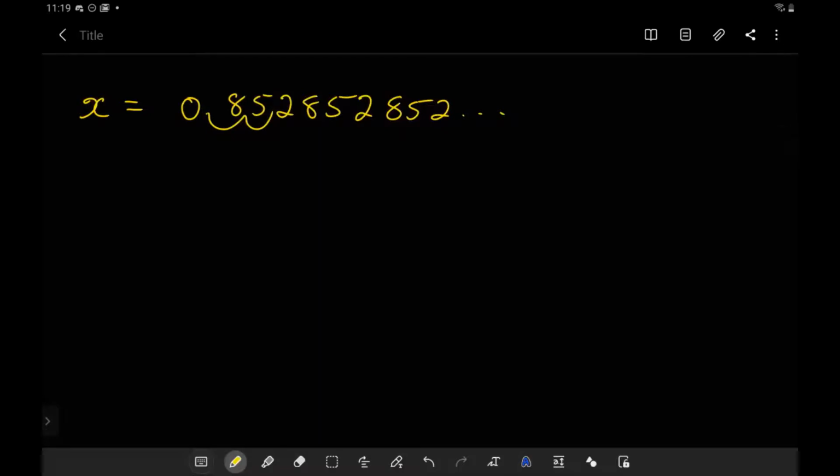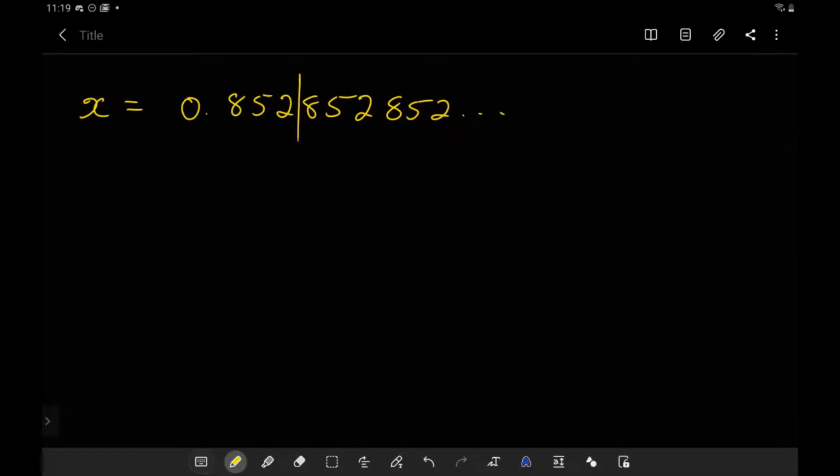Was that the original pattern? No, the original pattern was 852, 852, 852, and so on. So I see that the pattern stops here.